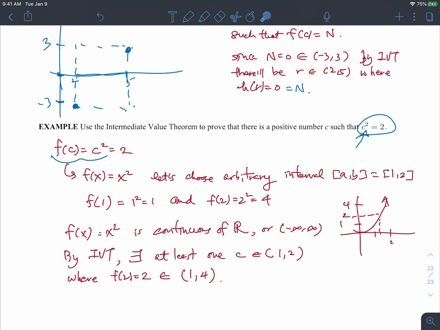Well, anyways, so we know that x squared is continuous over R, or negative infinity to infinity. By IVT, there exists at least one c in that interval, where 2 is between 1 and 4. Okay, that is it, guys.